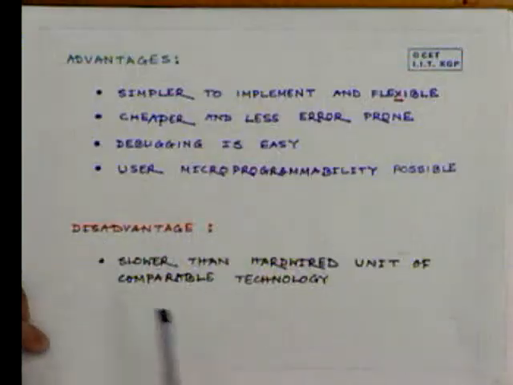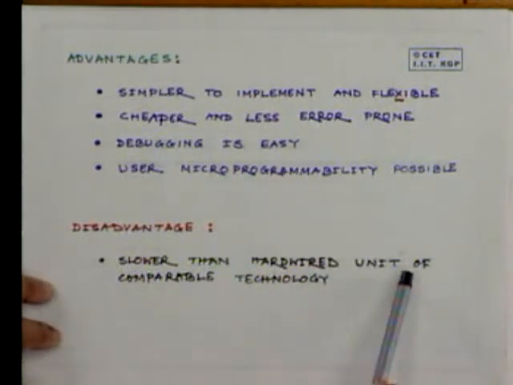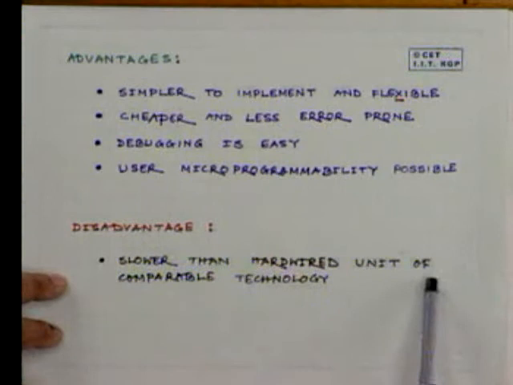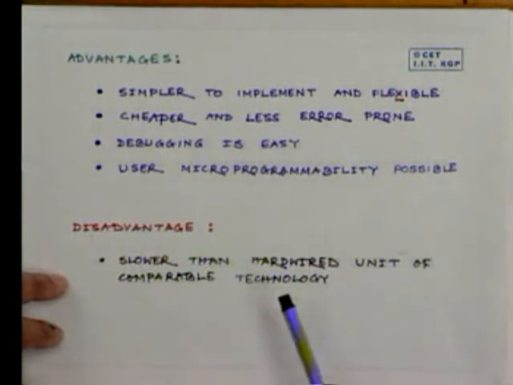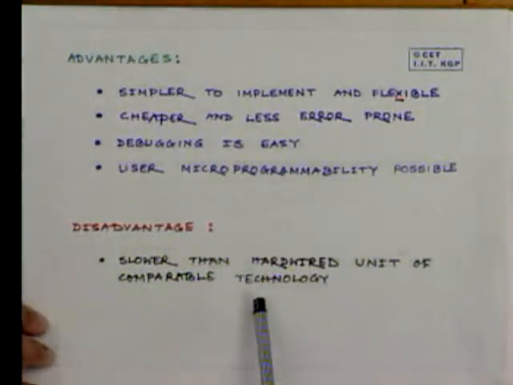Now let's come to the disadvantage of it. It is slower than the hardware unit of comparable technology, because every time the micro instructions have to be fetched from the memory and executed, that goes through, after all, a memory cycle. Though the microprogram memory is very fast, still it is time consuming, and therefore it is slower than the hardware unit of comparable technology.